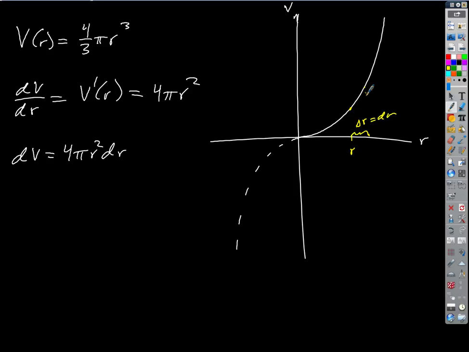Technically it's delta v, but if I want to calculate delta v, I've got to actually calculate the volume at both parts of this and subtract, and that's inconvenient. Let's just use our linear approximation instead.